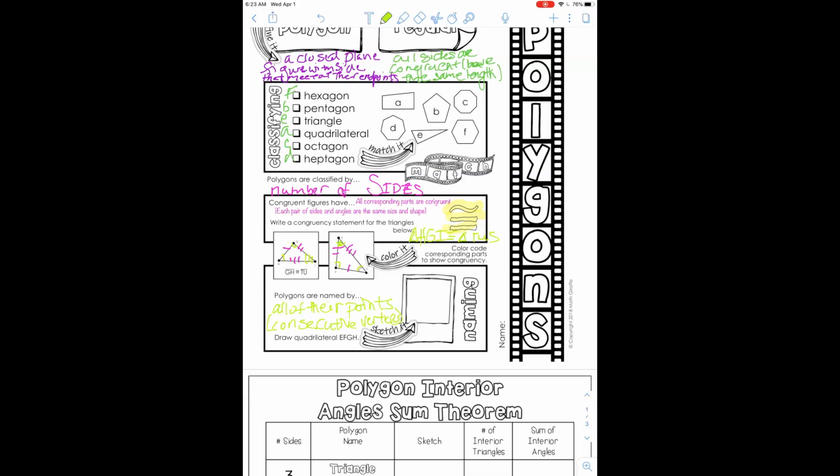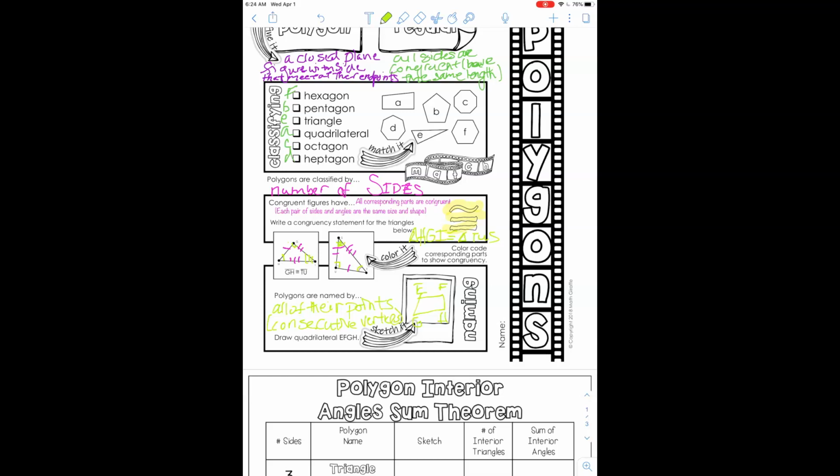So we have our quadrilateral. We have E, F, G, H. So we would name it by using its points.